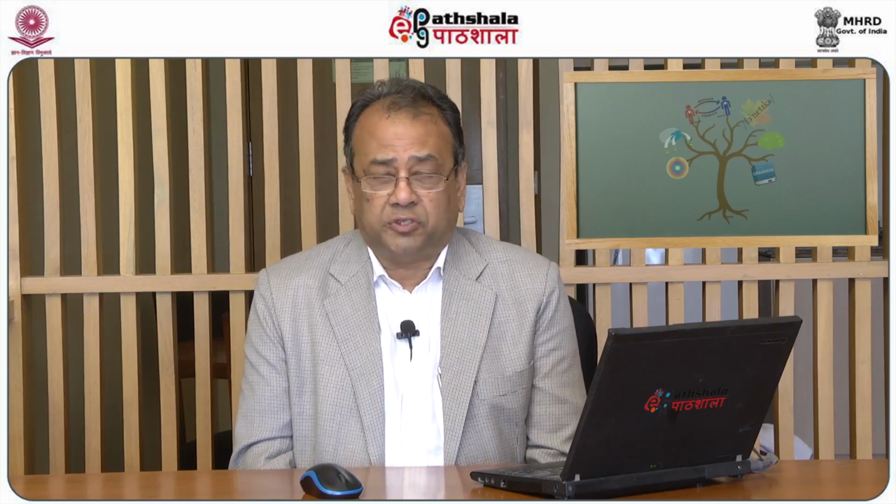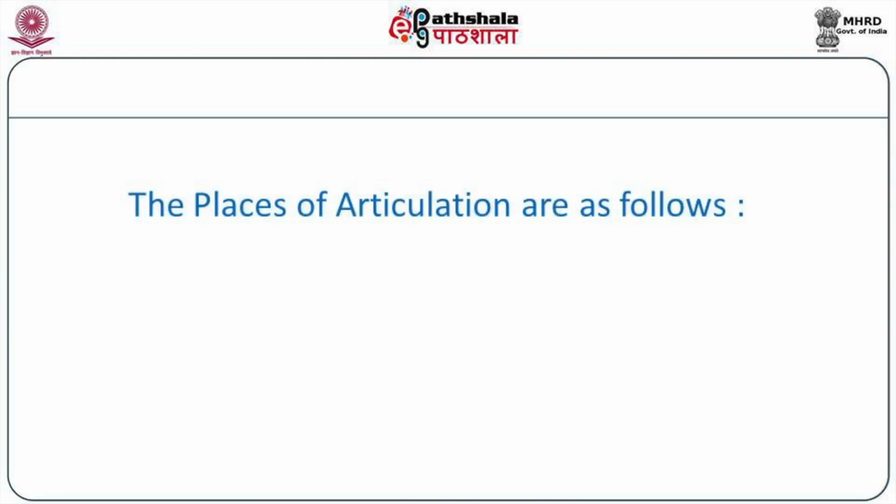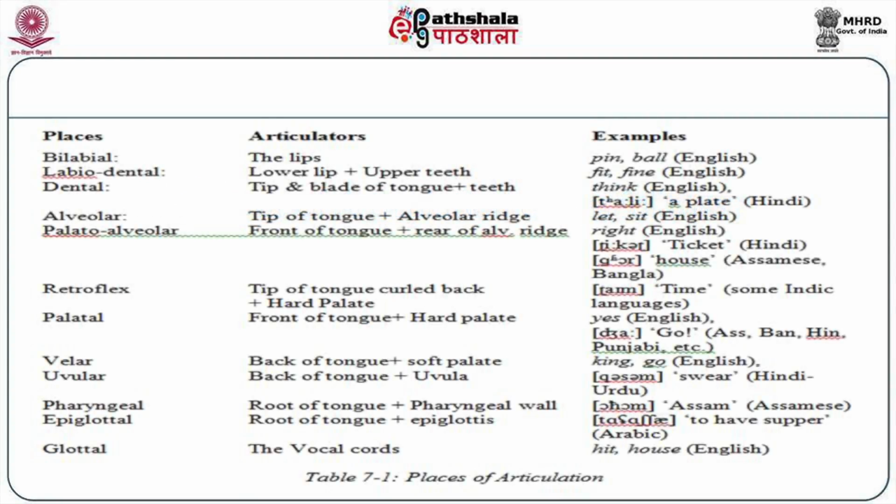In module 4, we looked at the various places of articulation. In this module, we do the same by going into further details. Let us briefly review the places of articulation to which we were introduced in module 4. Take a look at the slide. As you go through the list of the places of articulation, you will notice there to be 3 columns.